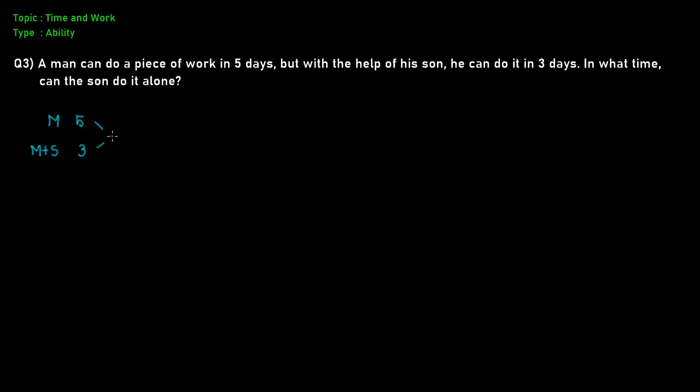And I'm just taking LCM of these two numbers. I get 15 and 15 divided by 5 is 3 and 15 divided by 3 is 5. So I can say that this 15 is nothing but the total work. So they have to complete a total work of 15 units and man can complete 3 units of work per day and man along with his son can complete 5 units of work per day.